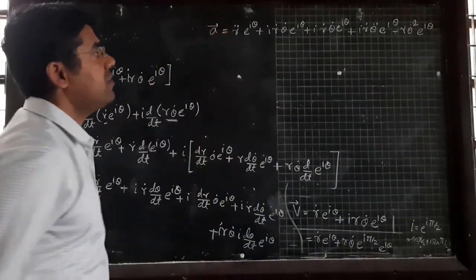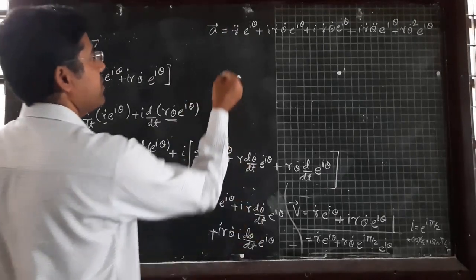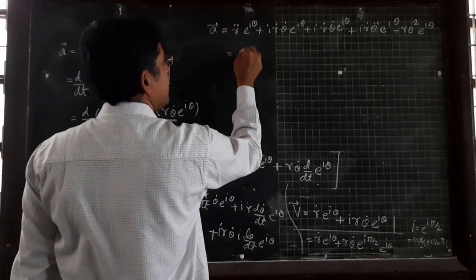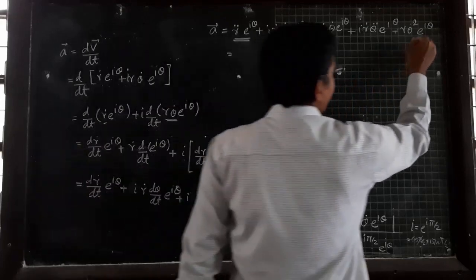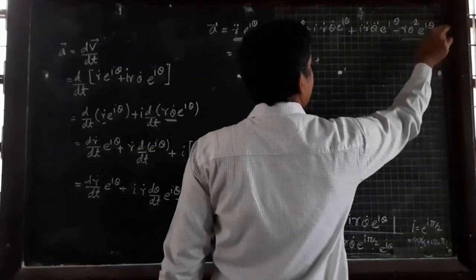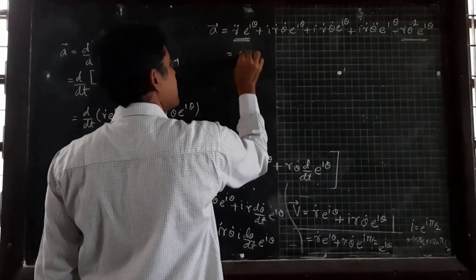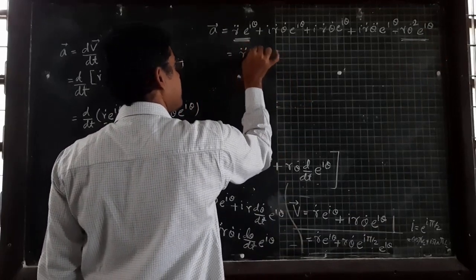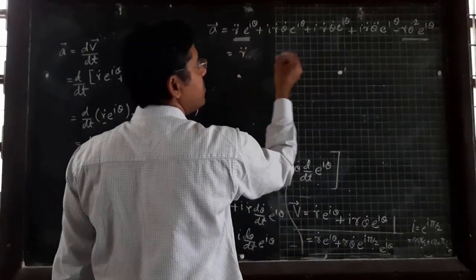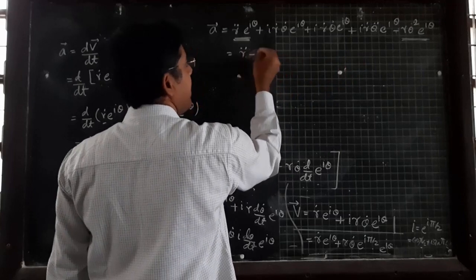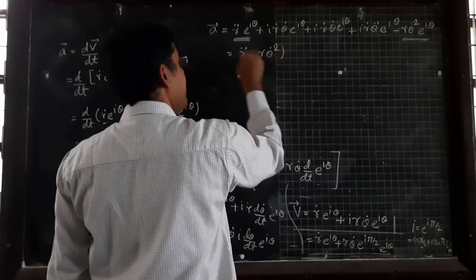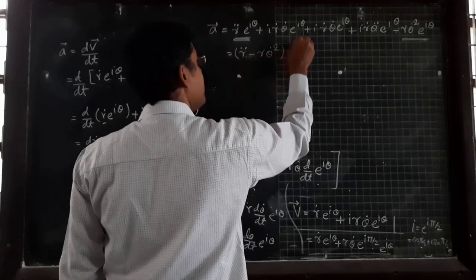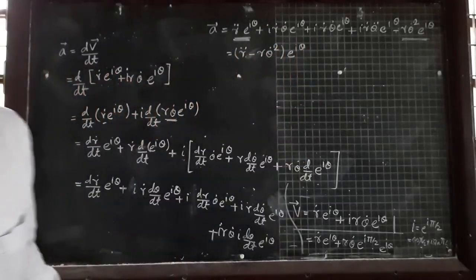Okay. So this is nothing but what? We can collect this real part. Here is no i term. So this is r double dot, e raised to i theta we can take common, minus r theta dot square into e raised to i theta.